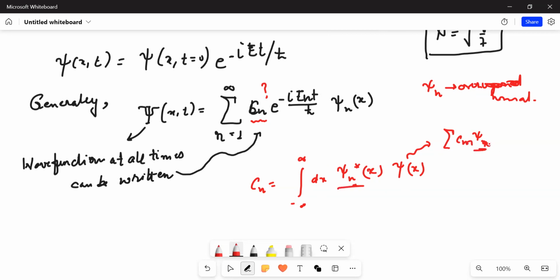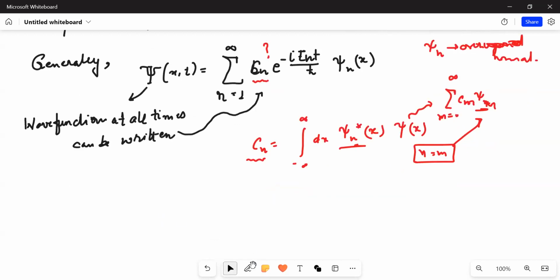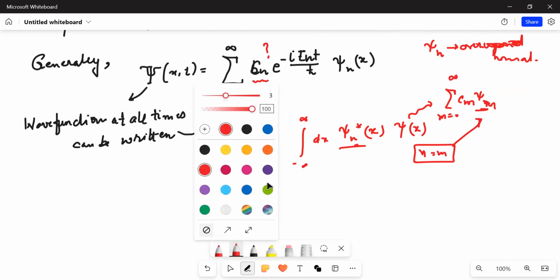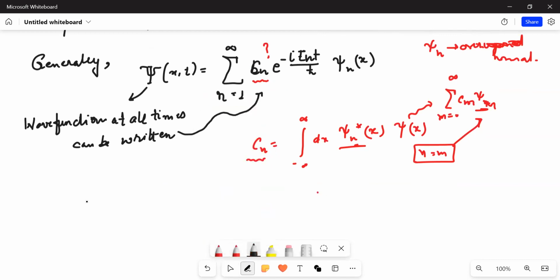I'll use a different symbol, m, so that you don't get confused. I'll get this integral as non-zero, or I'll get Cn, only if n is equal to m. So understand that this Cn can be obtained from this particular integration.